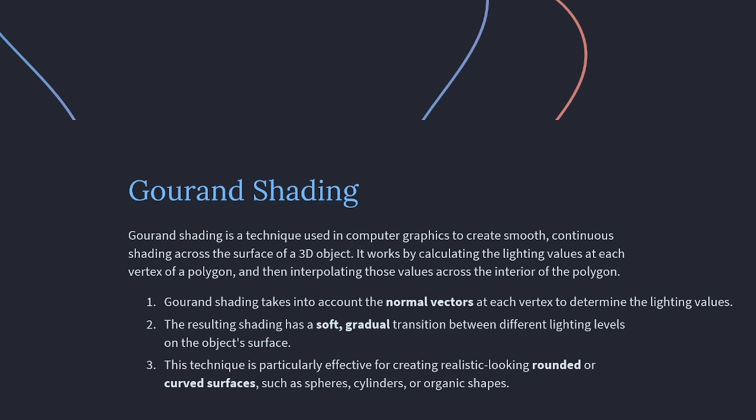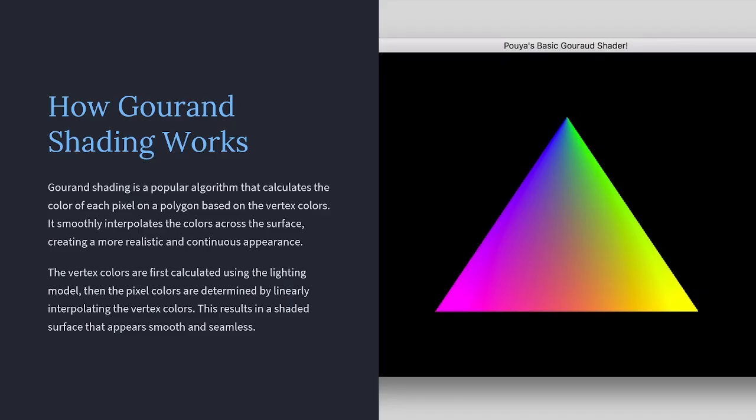In Gouraud shading, the key concept is interpolation: interpolating intensity values at vertices to shade the entire surface. So in Gouraud shading, we get more smoothness and a gradual transition as compared to flat shading, and it can be used to shade various rounded or curved surfaces like sphere, cylinder, as we saw in the previous slide.